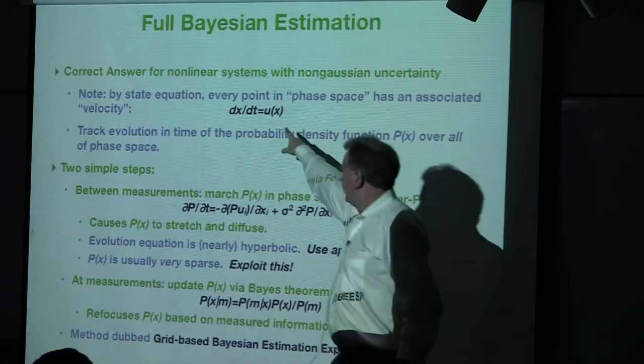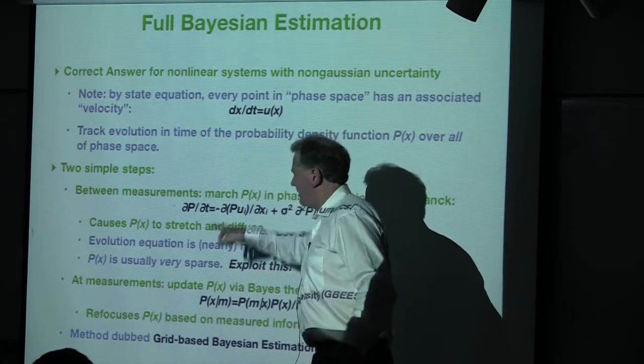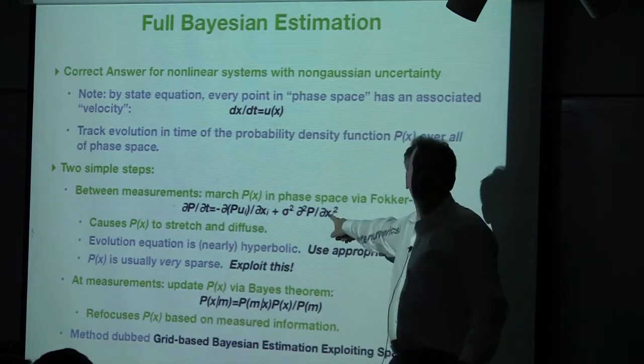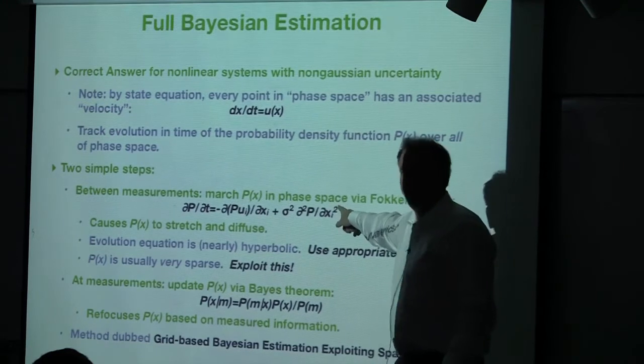So even if the right-hand side U is 0, if you have some localized estimate and you have some disturbances, then your estimate of where the thing is going to be will diffuse. So the probability is governed by the Fokker-Planck equation.